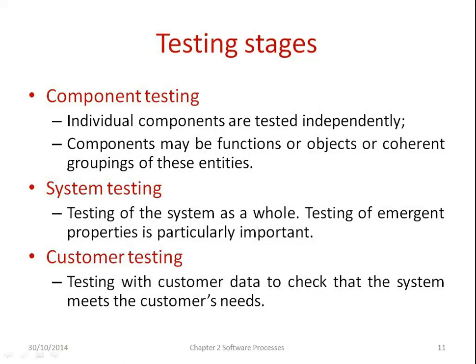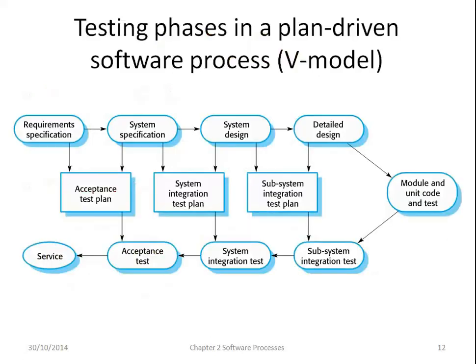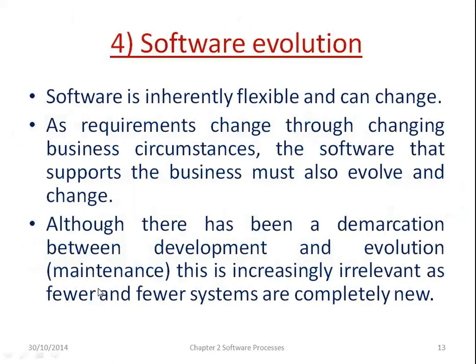So this is a process called the V and V model. These are the different stages of the model, then acceptance testing, and use in the organization, which is called service.